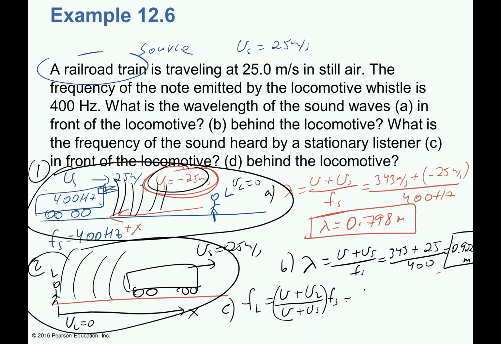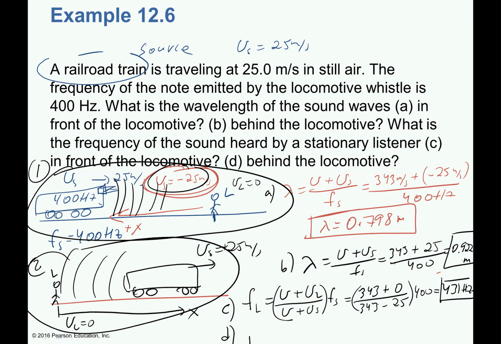So what I get here is V plus 0 over V minus 25. Putting in values, it becomes 343 plus 0 over 343 minus 25, then times 400. That's going to give me basically 431 hertz. You can see, higher frequency.